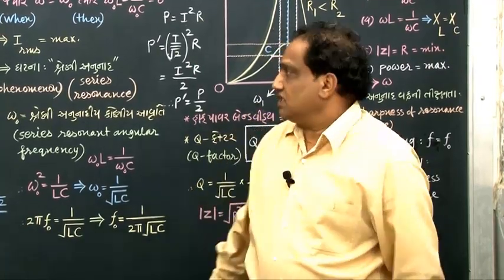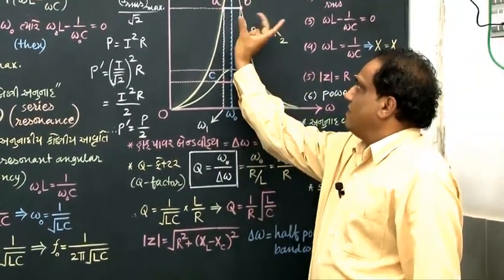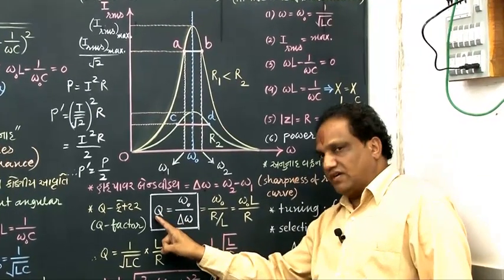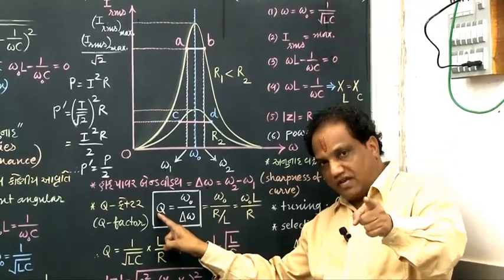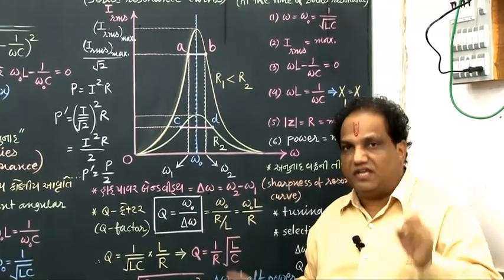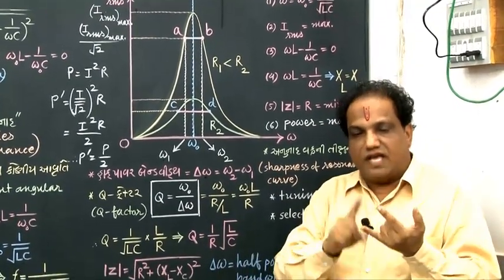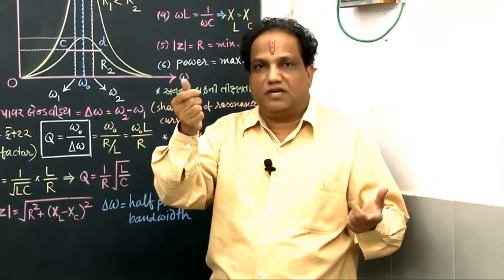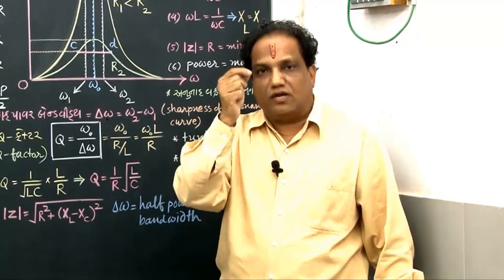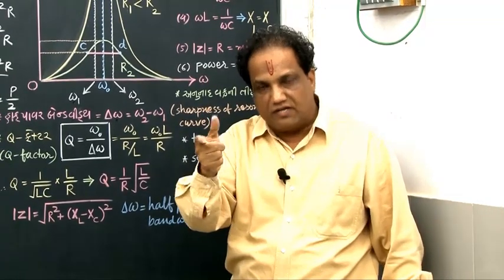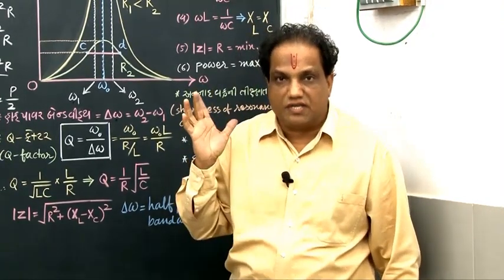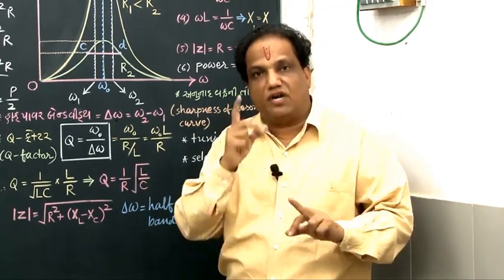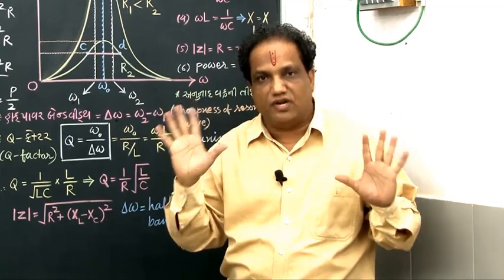Any circuit which has less half power bandwidth, meaning more Q factor, has greater selectivity, and then the quality of the radio is also better, which ultimately shows in terms of money, correct? If the quality of the radio is better, naturally it will be more costly. So remember, tuning and selectivity are the two quality deciding factors of a radio. Okay.